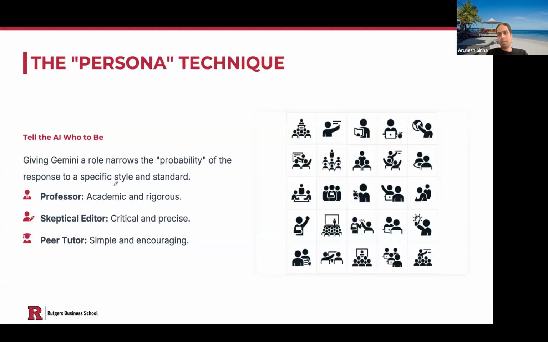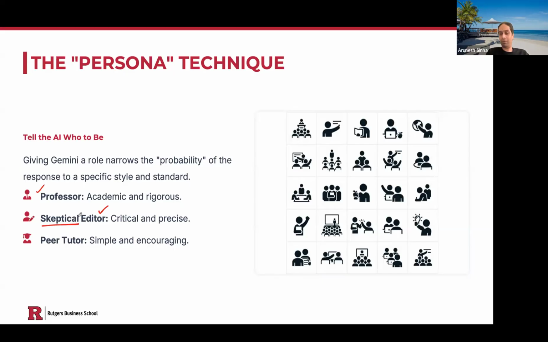The other thing is the persona trick. If you are giving the LLM a persona, that narrows down what style of output it will produce. You can give it a persona of a professor, or of a skeptical editor. Note the word skeptical. If you just say editor, like a standard editor, they will give you good things and bad things.